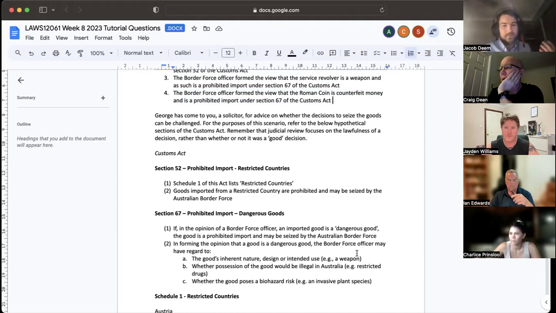It's got Caesar's head on it. It's a Roman coin from 2,000 years ago. You didn't pay attention to the relevant things that you should have been thinking about, or you focused on irrelevant things. We'll talk about those grounds for review next week.